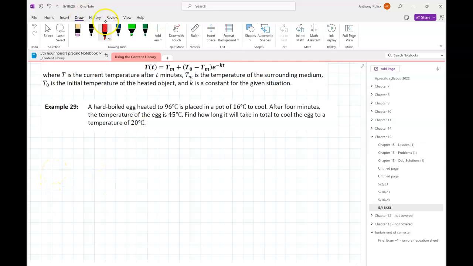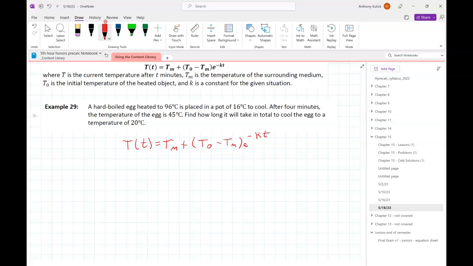Reading this question, it should be immediately clear that something is cooling, so we're going to be using Newton's law of cooling equation.